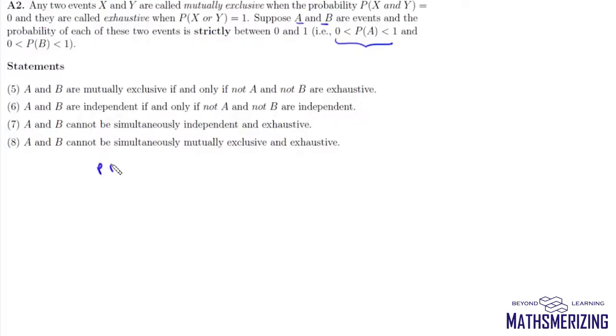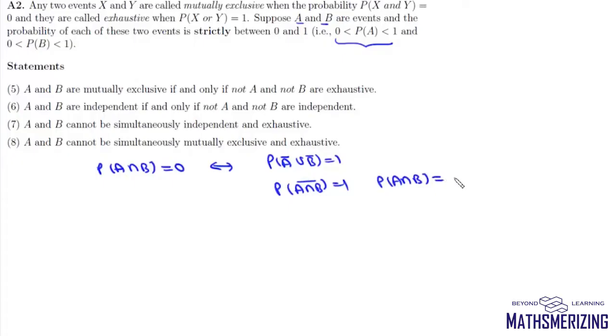If A and B are mutually exclusive, then P(A intersection B) will be 0, and we have to prove this is possible if and only if not A and not B are exhaustive. That means probability of A' union B' is equal to 1. Now if we look at this probability, then probability of (A intersection B)' will be 1. So from here we get probability of A intersection B will be simply 0. So we can prove it both ways.